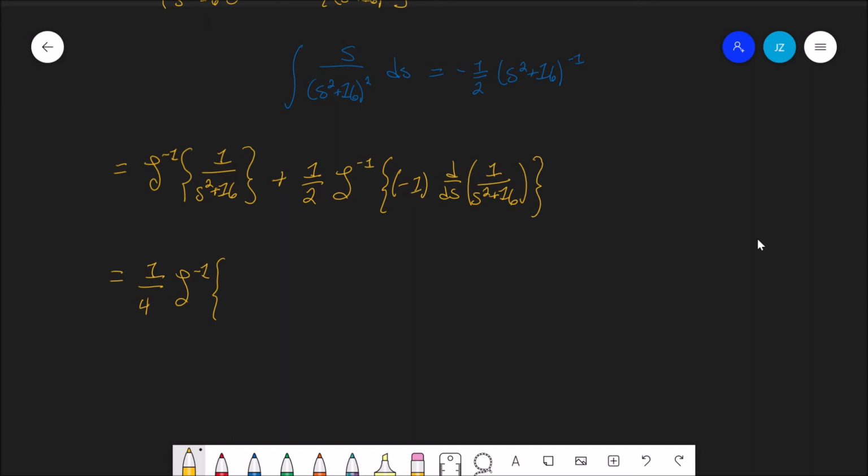This first one becomes a quarter times the inverse transform of 4 over s squared plus 16. Now the second one, we'll get an eighth times the inverse transform of -1 times the derivative of 4 over s squared plus 16.